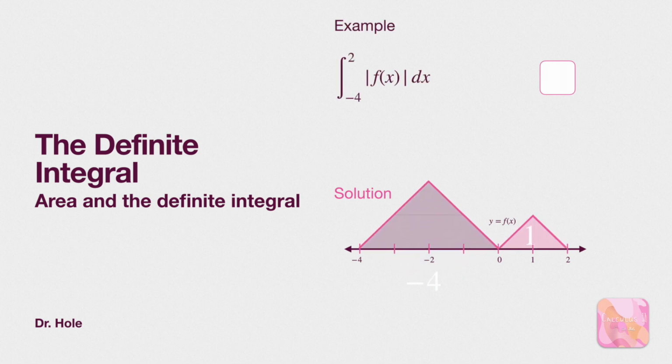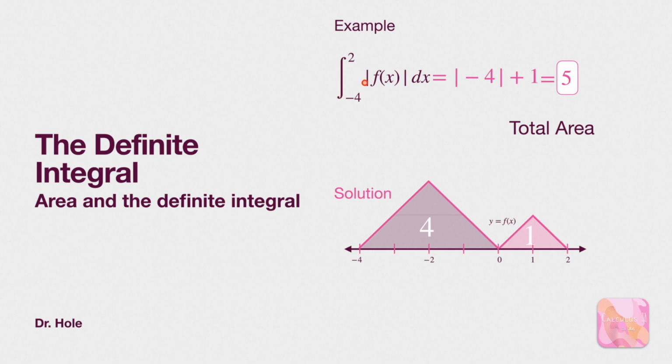If, on the other hand, we were to flip the negative portion and have it sit above the x-axis, in the definite integral, that can be accomplished quite easily by simply putting the absolutes around the integrand. Remember, the absolutes will return back only non-negative values. Then that negative 4 will turn into a positive 4, which is the absolute value of negative 4, and 4 plus 1 is 5.